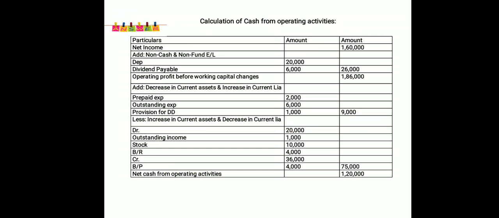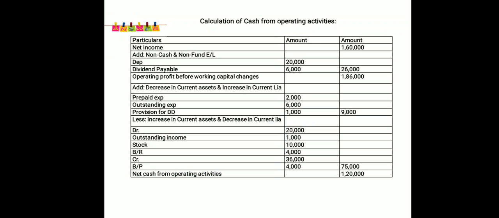So all three items are over; make a total and write it in the outer column of amount. Then we need to deduct the increase in current assets and the decrease in current liabilities. Debtors are your current asset and are increasing, so it's under the less column. Then we have outstanding income, again a current asset, which was increasing. Then stock, which is increasing, and bills receivable, which is increasing.